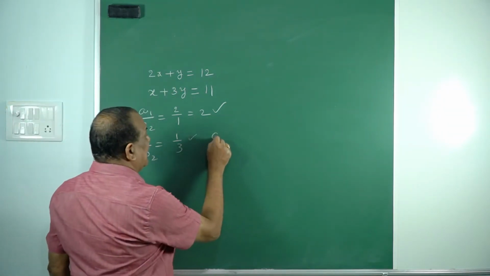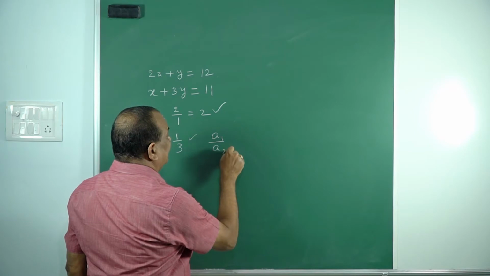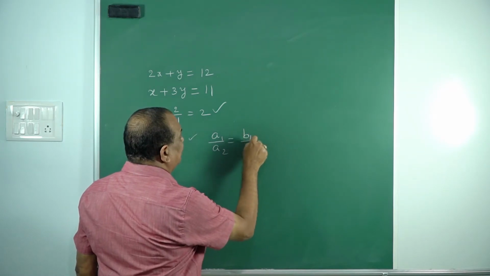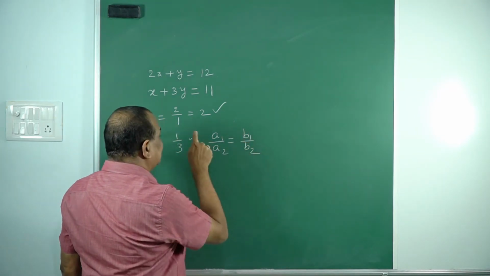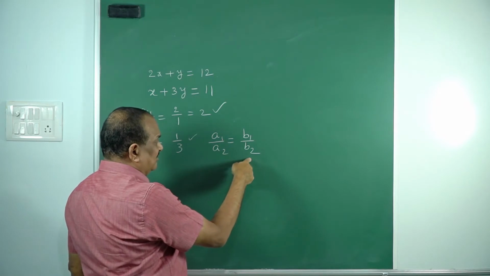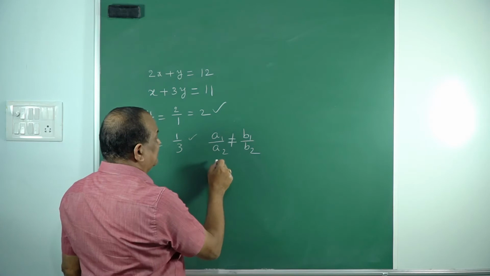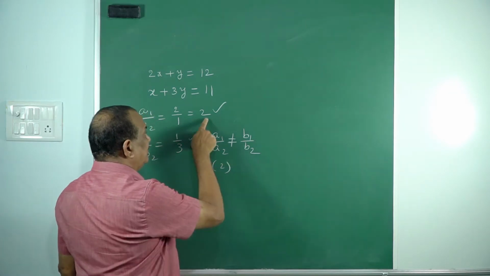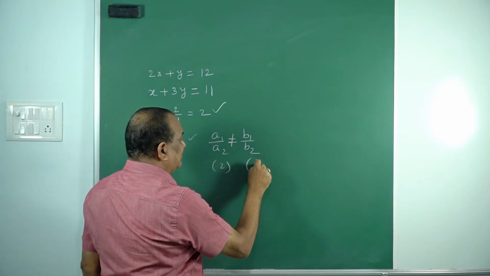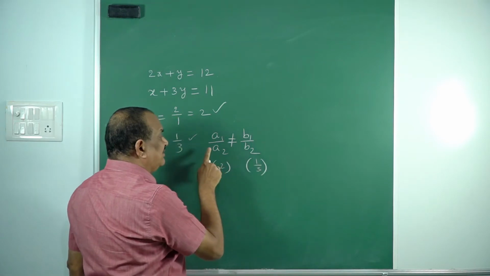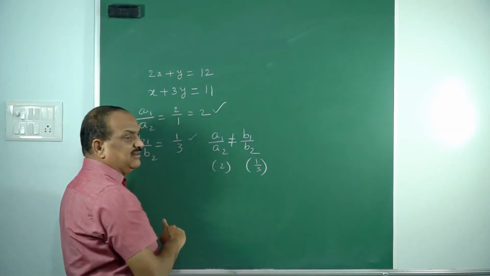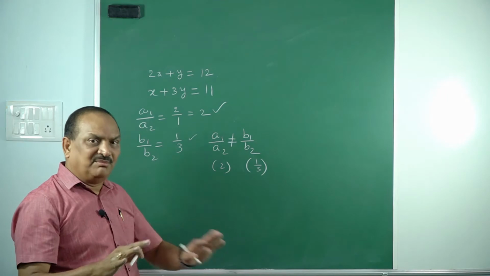Here, I need not go for C1. A1 by A2 is equal to 2, and B1 by B2 is 1 on 3. They are not equal. If the first two are not the same, the problem is done.